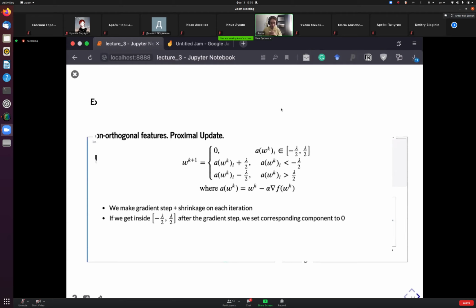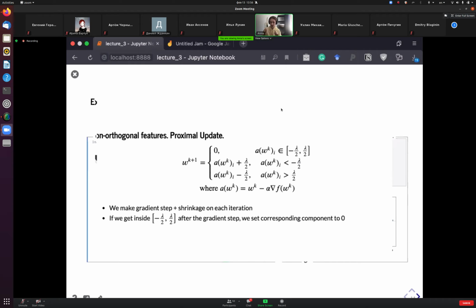So let's try to understand what that means intuitively one more time so that you definitely understand. Recall what A of WK was. It was basically a gradient step of simple gradient descent: W minus lambda times gradient. So where we end up if we make a gradient step from WK in the direction of the gradient.